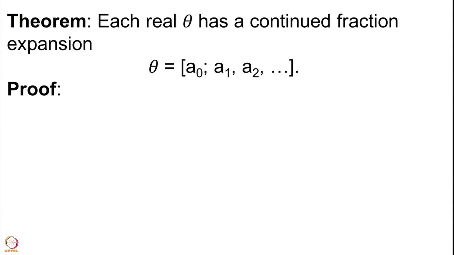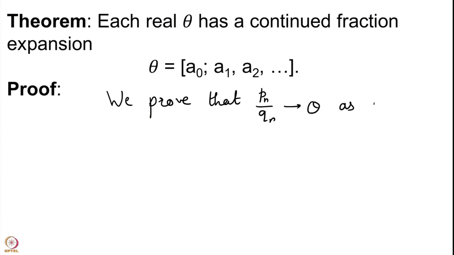And we prove that Pn upon Qn converge to theta as n goes to infinity. This is what we want to prove. So, before we do anything else, let us look at this difference.